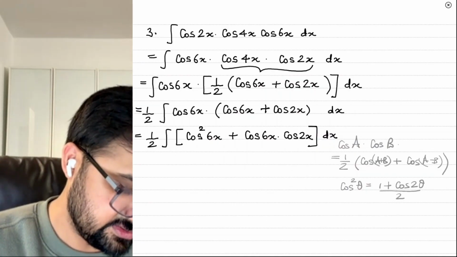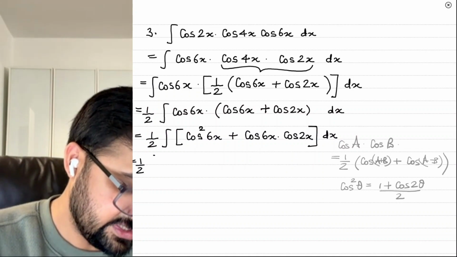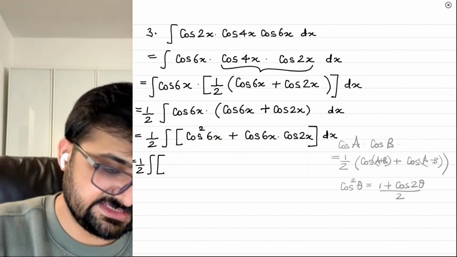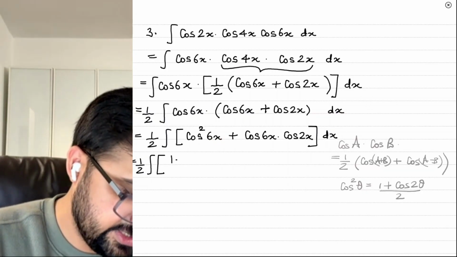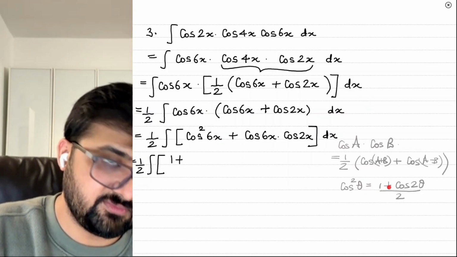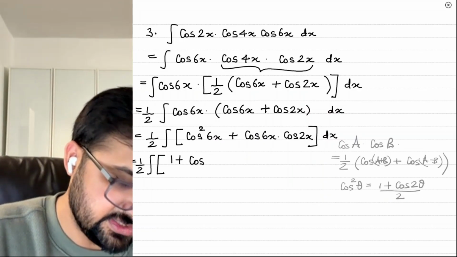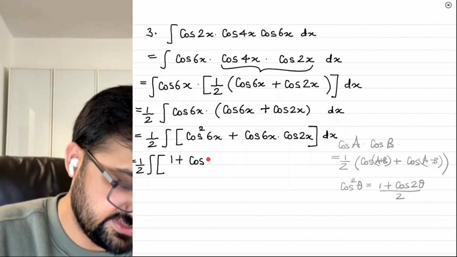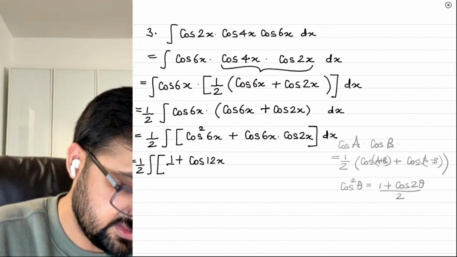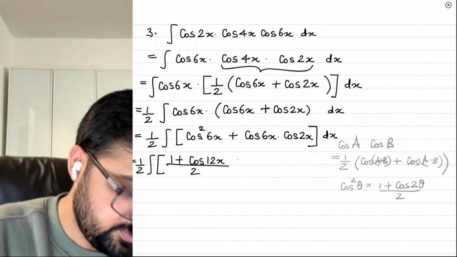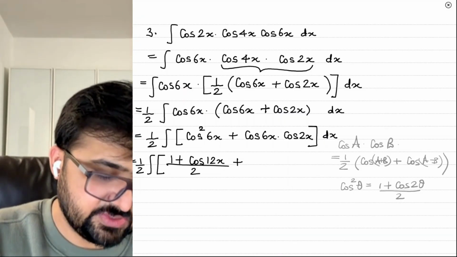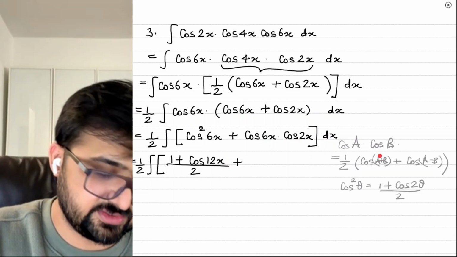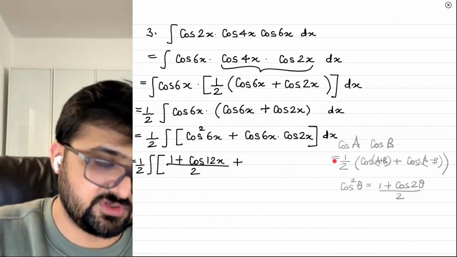So we get half integral, open the bracket, cos square 6x can be written as 1 plus cos, you double the angle. Whatever the angle is here, you just double it. So 1 plus cos 12x divided by 2 plus, now this cos 6x and cos 2x, we can apply the factorization formula again.